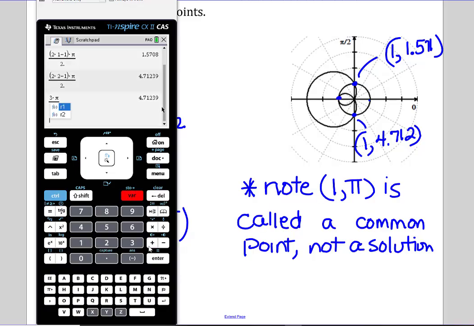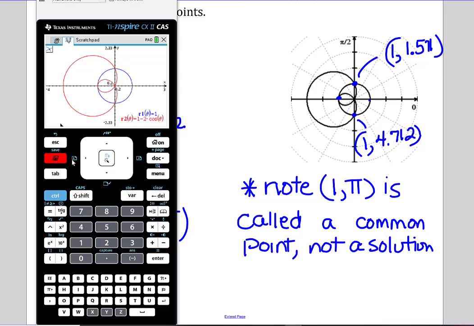Now, one thing I want to show you is what happens at pi. R1 of pi is 1, and R2 of pi is 3. So this is why I said pi is called a common point, because on the first function, R1, what was our R1 function?